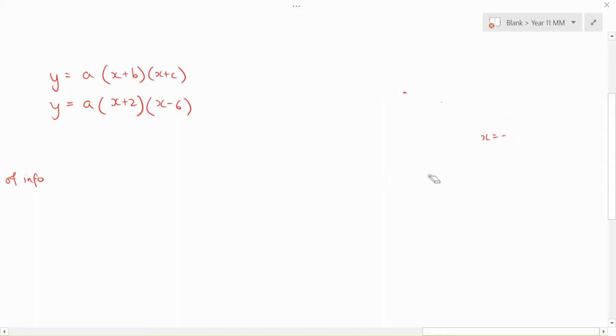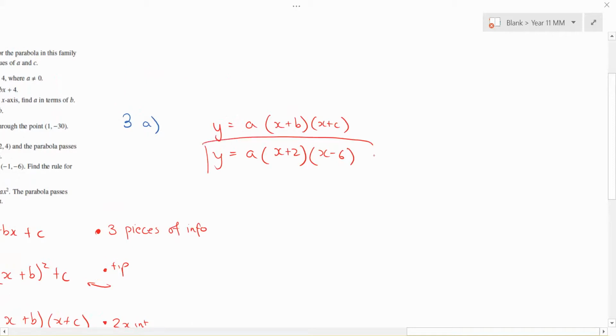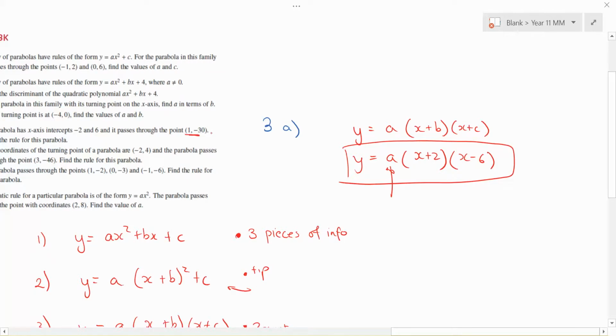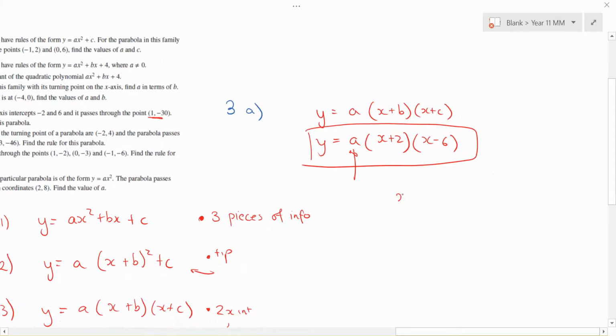So now that we know this is our equation, we're only missing a because we don't know what a is. So that's why they gave us another point. They said when x equals 1, y equals negative 30. So I can apply it in. I say, all right, well, y is equal to negative 30 equals a times 1 plus 2 and 1 minus 6.